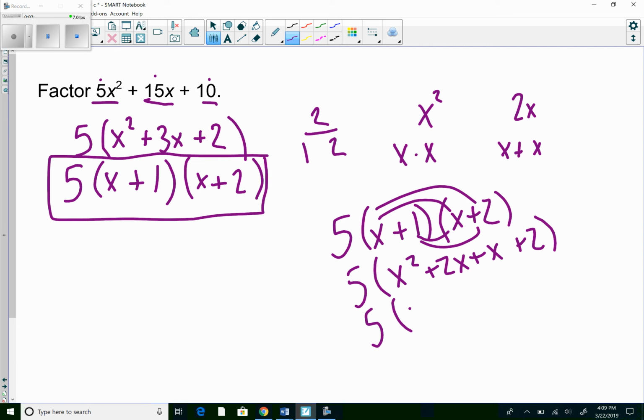Okay, so that turns into x squared plus 3x plus 2. Now let's distribute this 5 through. So then I've got 5x squared plus 15x plus 10. Okay, it is so easy to check these, you guys. So incredibly easy, but you have to take the time to do it.